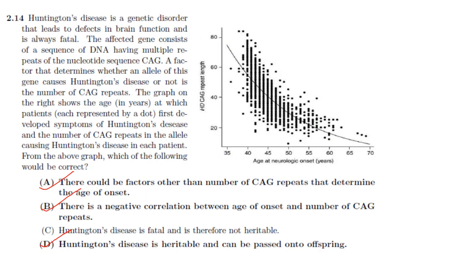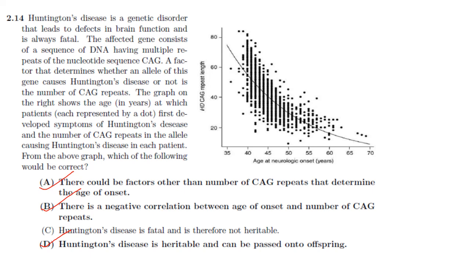Next one, Huntington's disease is a genetic disorder that leads to defects in the brain function and is always fatal. The affected gene consists of sequence of DNA having multiple repeats of the nucleotide sequence CAG.